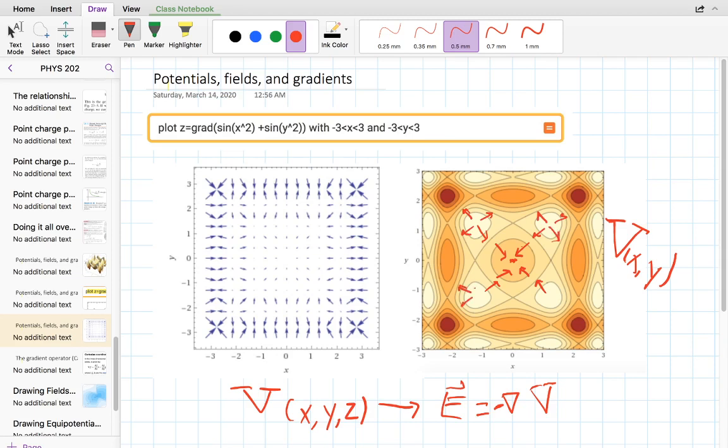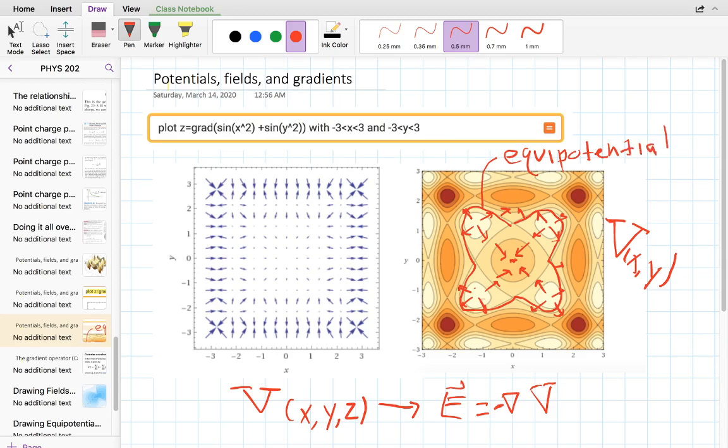Now, if we think about this image as being like an elevation map, where every line on this 2-dimensional function represents a line of constant altitude or constant elevation, like a map of a bunch of hills, hopefully it's clear that wherever you are on this map, the direction that a ball will roll is perpendicular to these lines of constant altitude, which for a potential are called equipotential lines or surfaces.